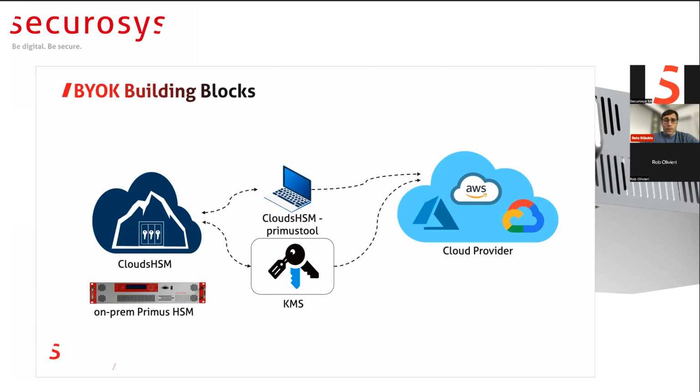In some cases, it might also be beneficial to use and integrate the root key store or the key store provided by Cloud HSM or Primus HSM through key management systems like HashiCorp Vault, like BYOK and others.